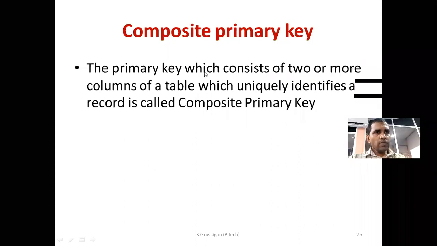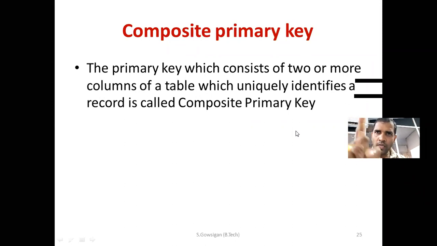The primary key, which consists of two or more columns, which means fields of a table, which uniquely identifies a record, is called composite primary key. This definition is almost similar to the definition which I gave to the primary key. But in the primary key definition, I used singular, field.